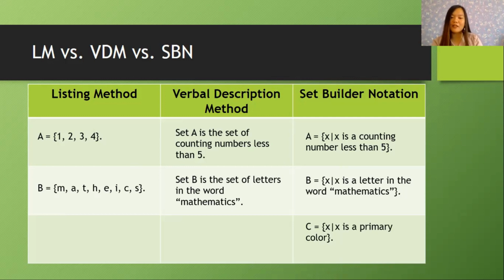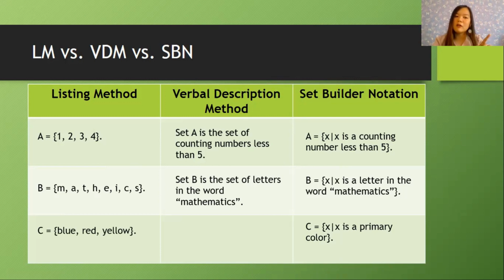So, let's list them. We write that as C equals the primary colors: blue, red, yellow, or in any order. Elements can be written in any order if they are words. But if they are numbers, you should write them in order.